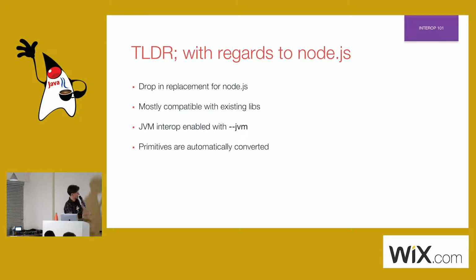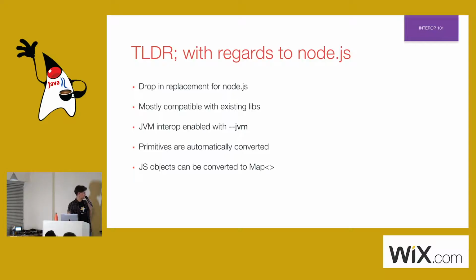Also, a nice exception there is functions. If you have a Java method that expects a single method interface, and you give it a JavaScript function that has the same arity, it will actually accept it and execute it, which is nice.